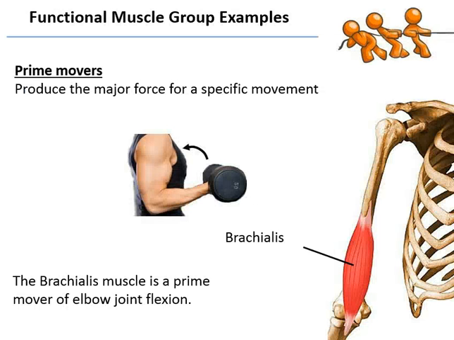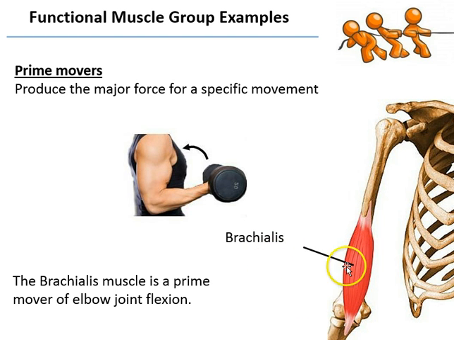When muscles contract, we describe the significance of the movements that they generate. For example, we may describe a muscle as acting as a prime mover when generating a particular movement. A prime mover is a muscle which provides the major force for a particular movement. A good example is shown here with the brachialis.